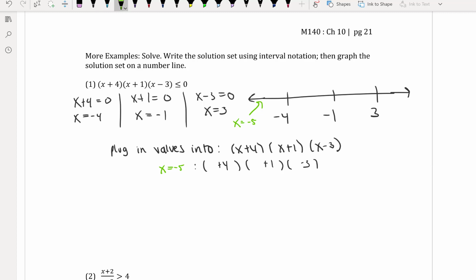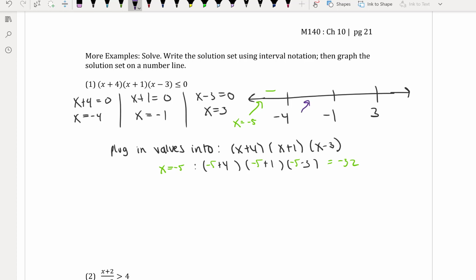Let's see what happens. So I'm going to have negative 5 plus 4, negative 5 plus 1, and negative 5 minus 3. When I plug that all in, I end up getting a negative 32. So there is my negative value, okay?